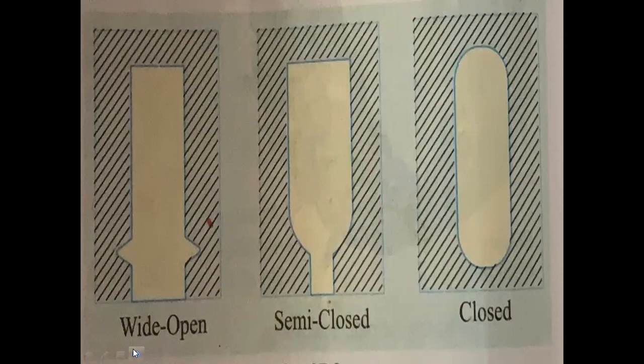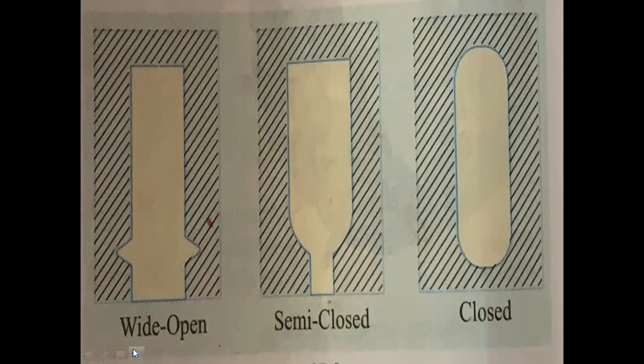Suppose you want a circular coil: if you take copper wire and wind it onto a pencil, and then remove the pencil, the copper wire keeps a circular shape. So this is called form wound. That means before putting into the slot, we wind the copper coil, and with that shape we keep it in the slot.